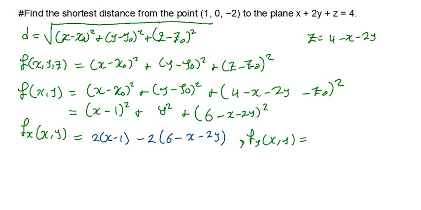When you differentiate, I believe you might get something like 2y minus 4. Then you have your 6 minus x minus 2y. Okay, I believe by now we are familiar with how to go about those. Remember, to determine the critical points, we just have to equate this and that to 0.